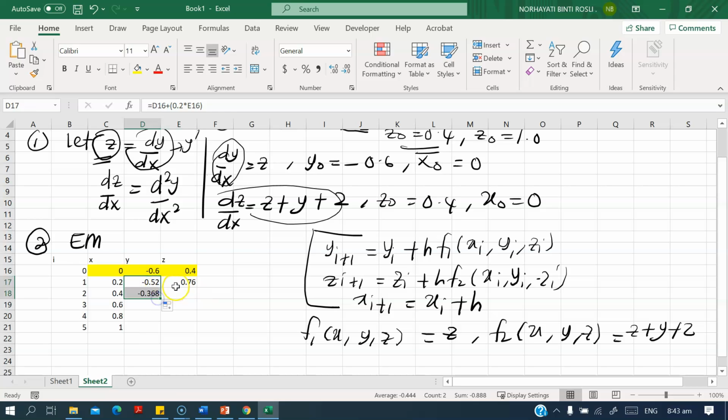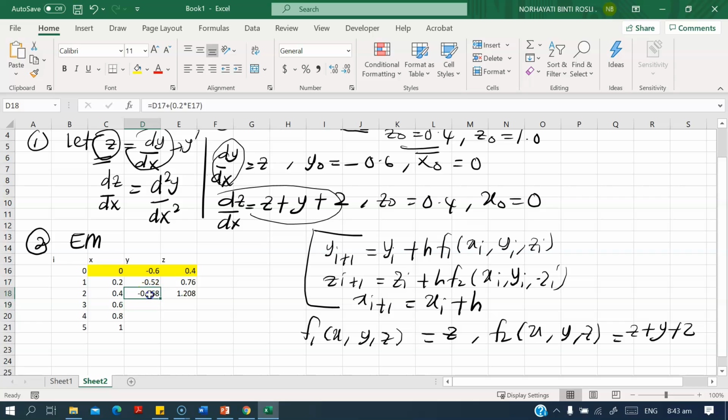So we drag this one, drag here, because we check it will automatically change the formula according to the updated value of y and z by using the previous formula. So it is important, if you use Excel, to double check the first formula you insert, and make sure it is correct.